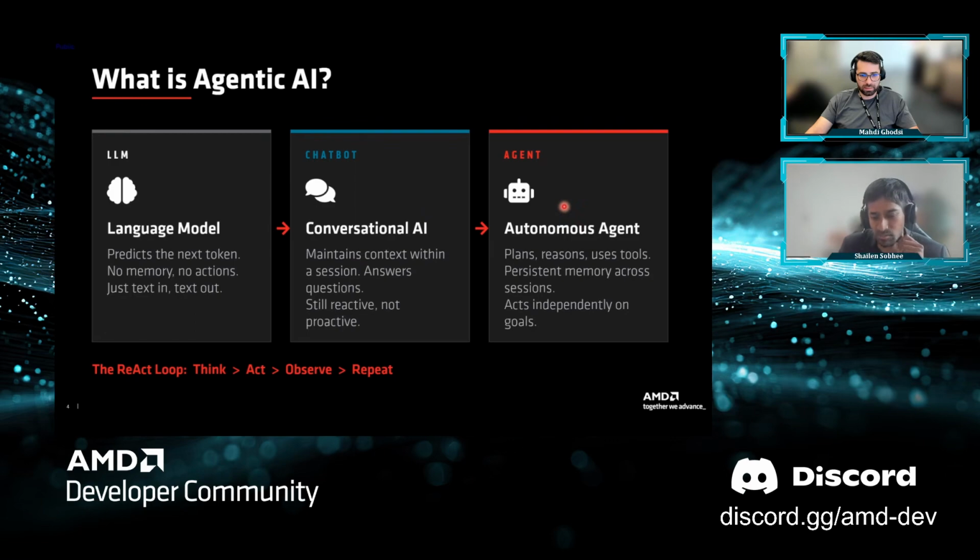Agents bring the traditional chatbot that you know to the next level, whereby in an autonomous agent, you have things like planning, like reasoning, and using external third-party tools, for instance, crawling the web, fetching data from a database. These are the basic building blocks that make agentic AI today.